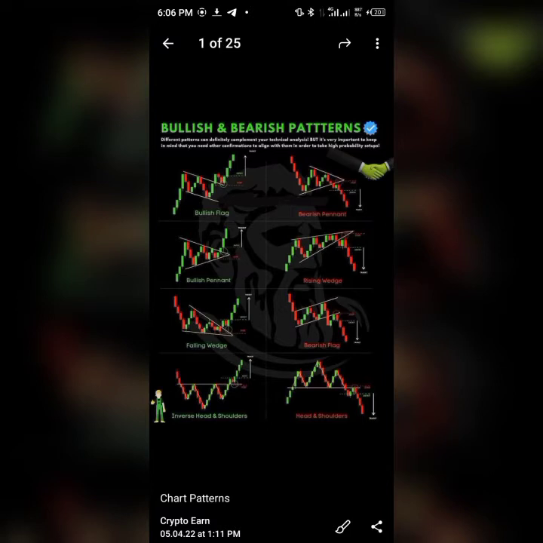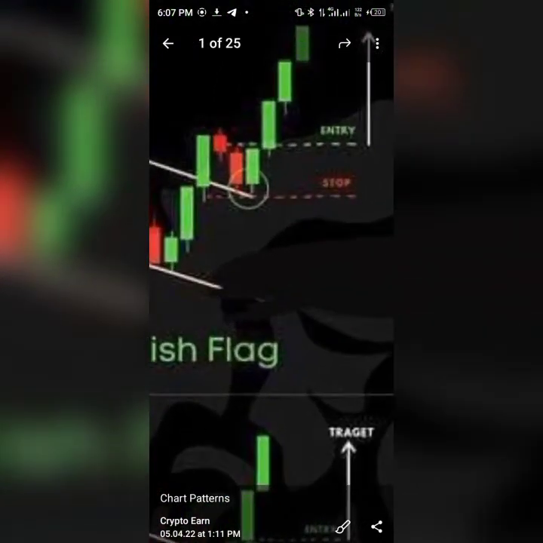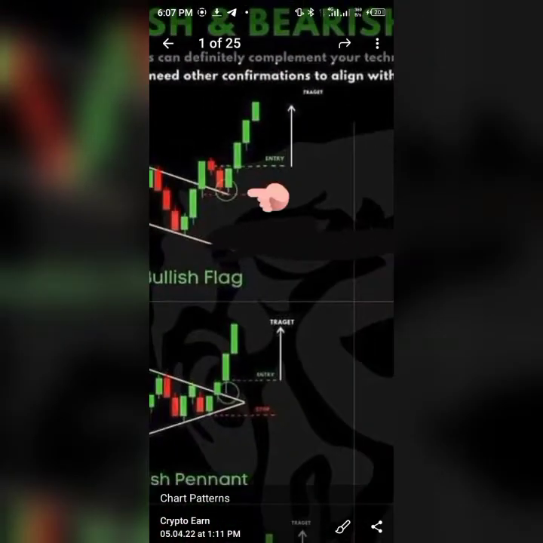Because it has broken the trend line, retested, and it's going up. So after the first green candle you see just right here, at this circled place, is a good entry point. You can enter at this point and you are sure to make profit if you buy long, or if you buy that cryptocurrency you're analyzing on either spot or futures trading.